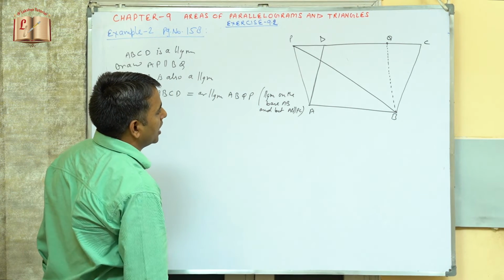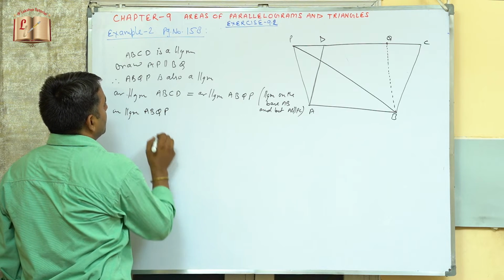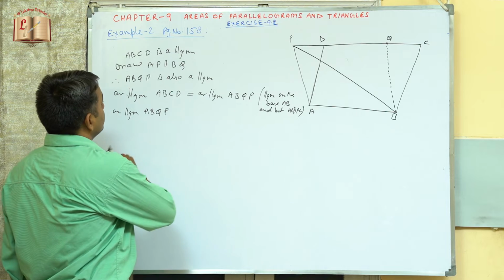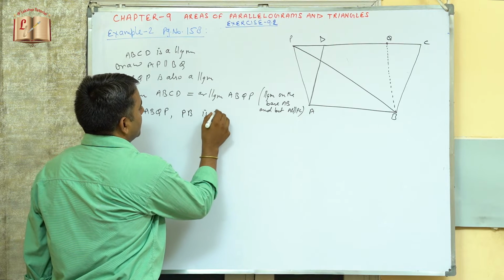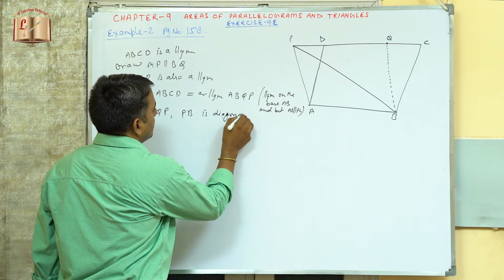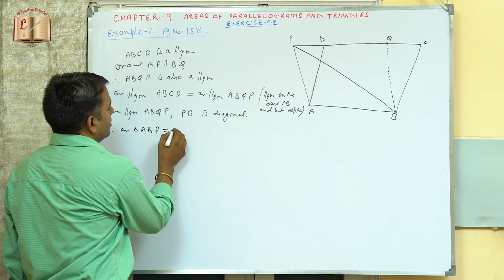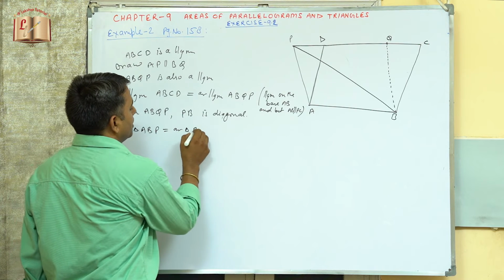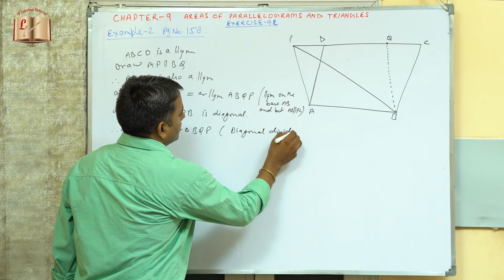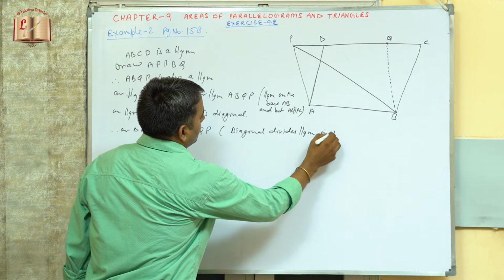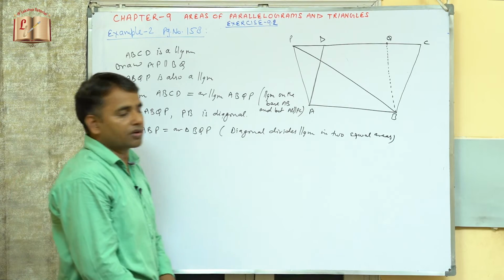In parallelogram ABQP, PB is the diagonal, therefore the area of triangle ABP will be equal to the area of triangle BQP, because a diagonal divides a parallelogram into two equal areas.